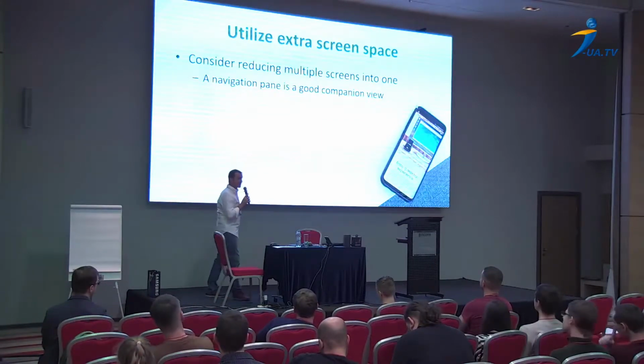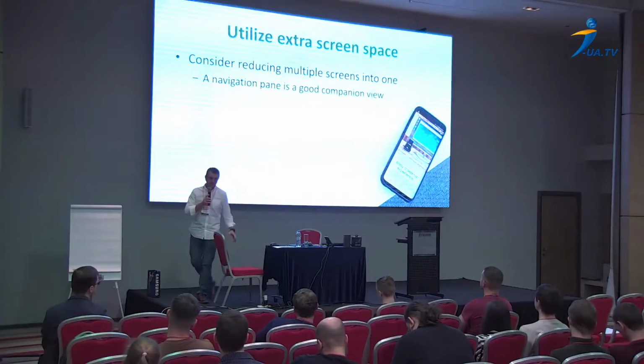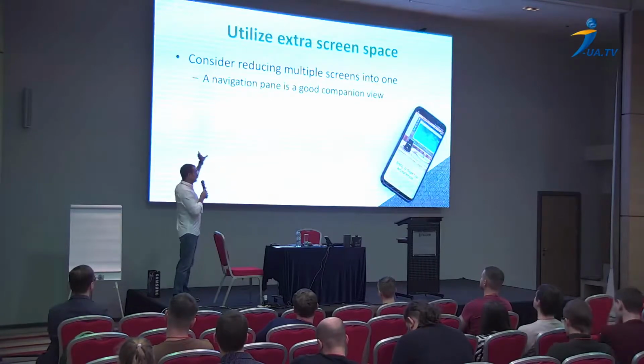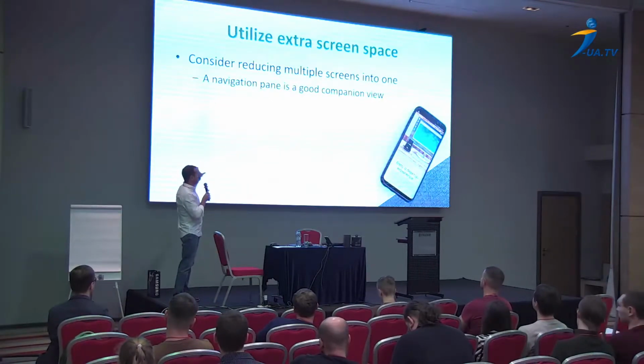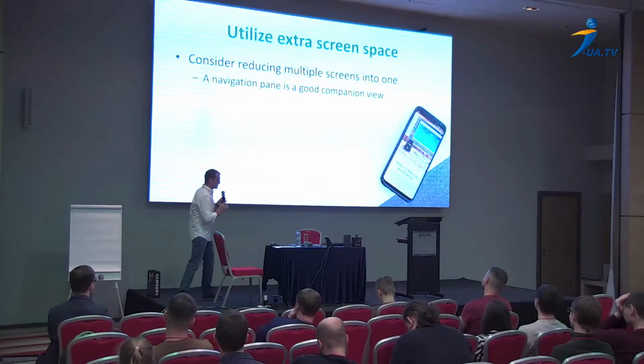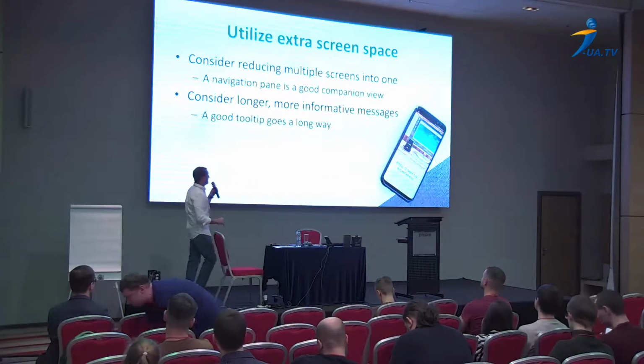So for one, you have extra real estate on a screen. You have additional screen space, so you may choose to use it wisely. For example, you can add a companion view, something like a navigator pane, which is always helpful and increases productivity as well.